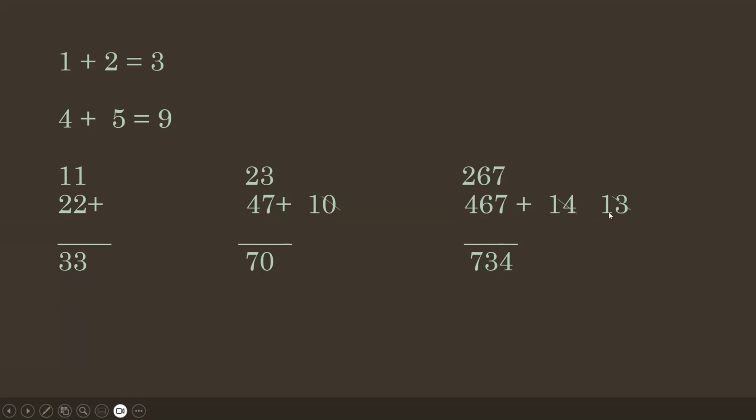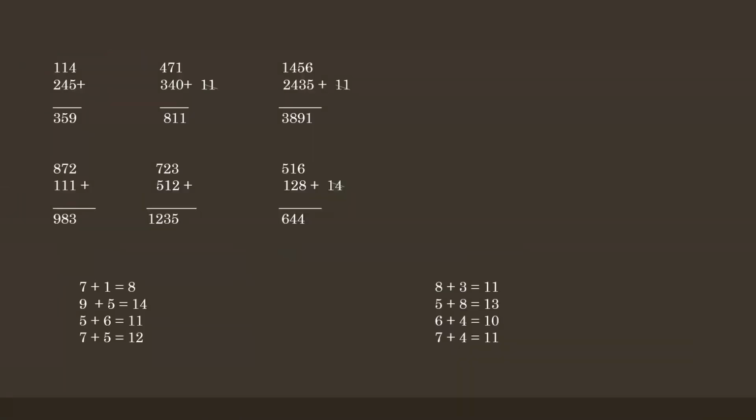So we place it outside. We cross out the 3, add it under the tens column. On the hundreds column, we are being asked to add 2 and 4, which will give us 6. But we must remember the 1 outside, which gives us 7. So our answer is 734. Look at some other examples here.